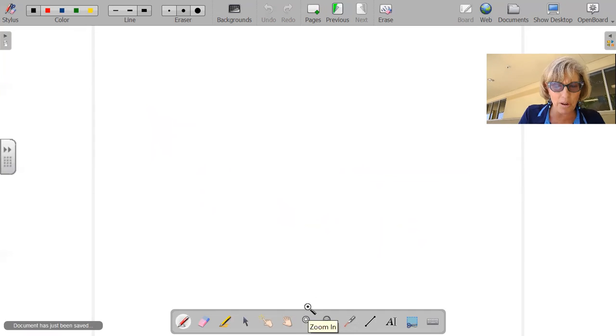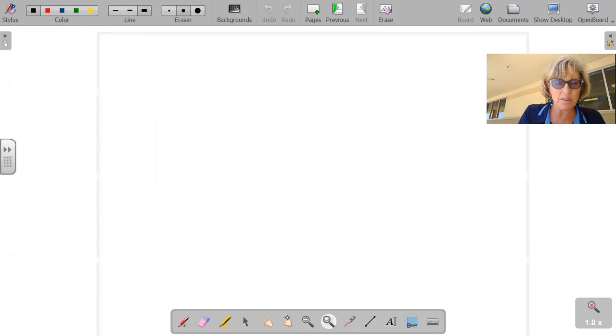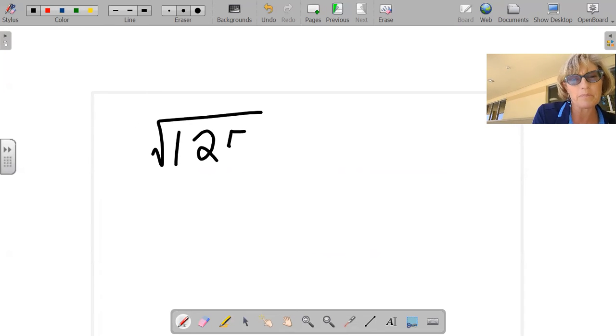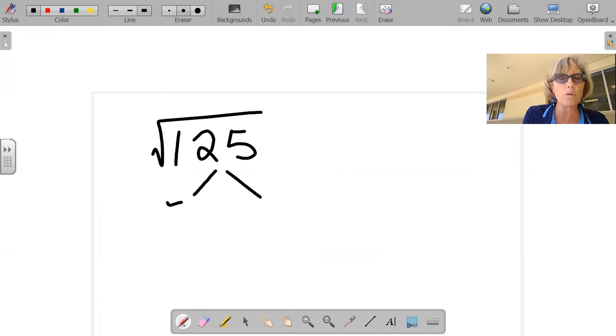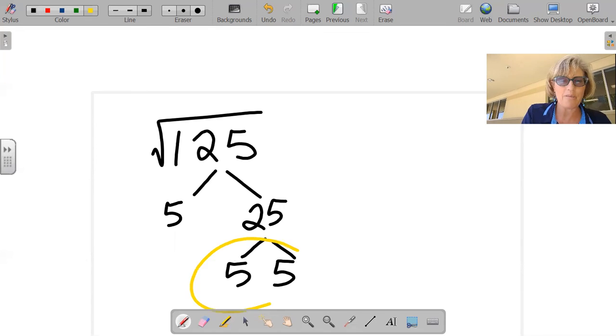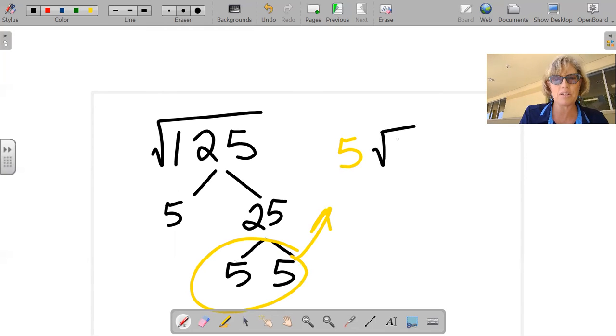Last one I'm going to do with you here is square root of 125. Factor that out. I know 5 goes in there, and I've got 5 quarters for $1.25. 5 and 5. 5 comes out, and this stays there.